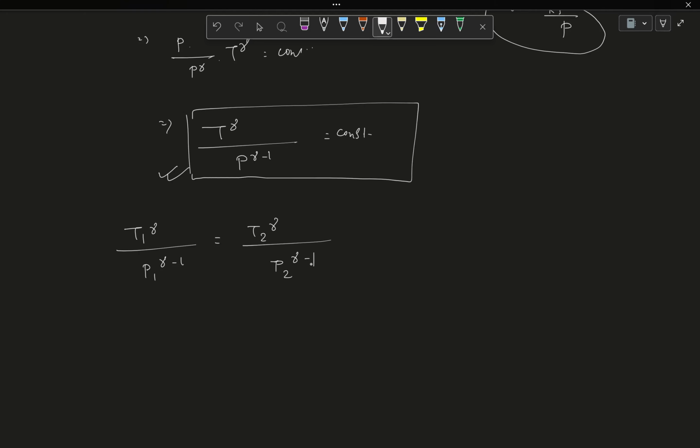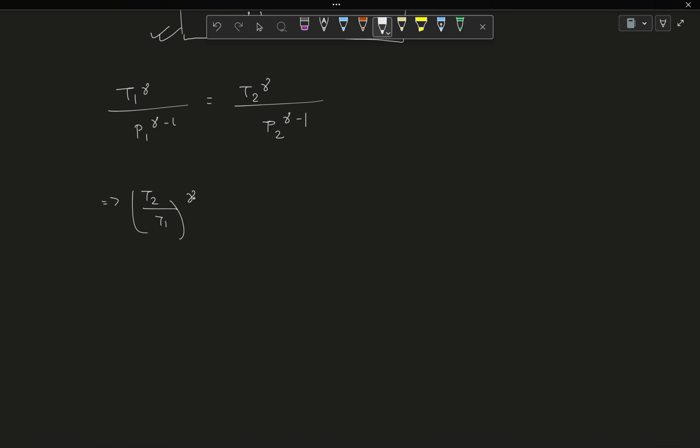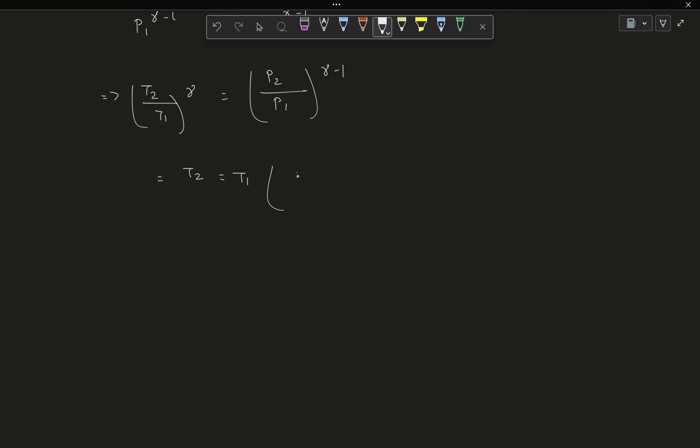Now remember you have to calculate T2. So T2 by T1 to the power of gamma equals P2 by P1 to the power gamma minus 1. So this T2 equals T1 times P2 by P1 to the power gamma minus 1 by gamma.